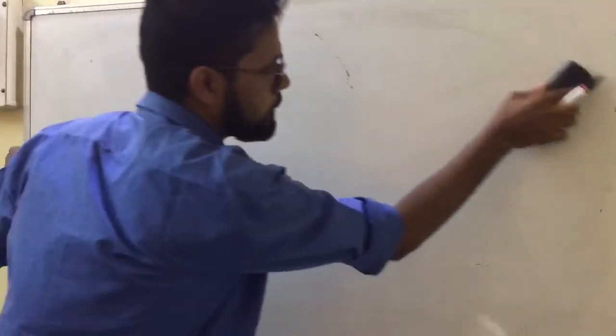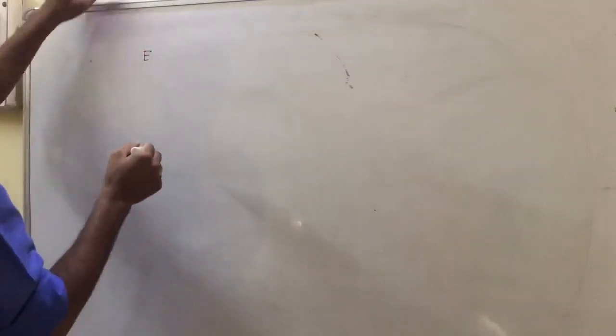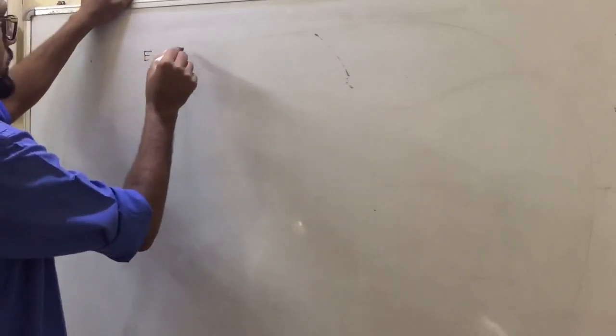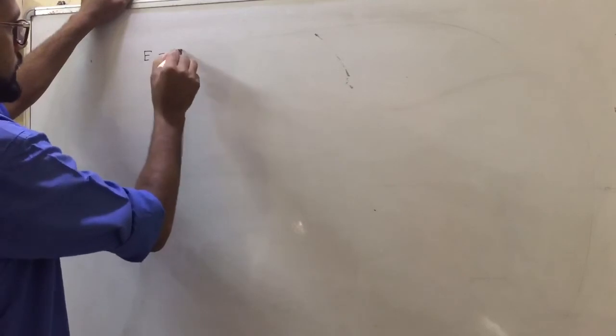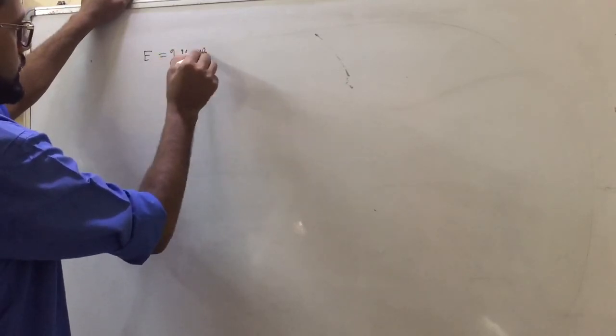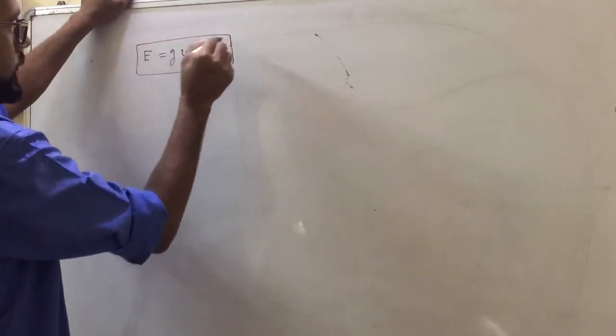Now back to the paramagnetic theory. What we can understand is that the energy is G μB B mj. This is the energy in the anomalous Zeeman effect.